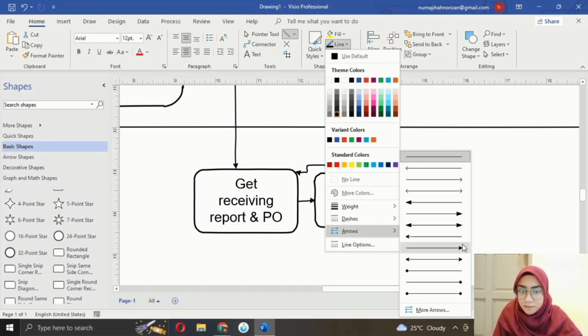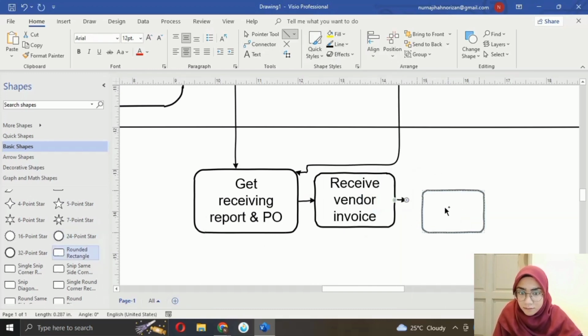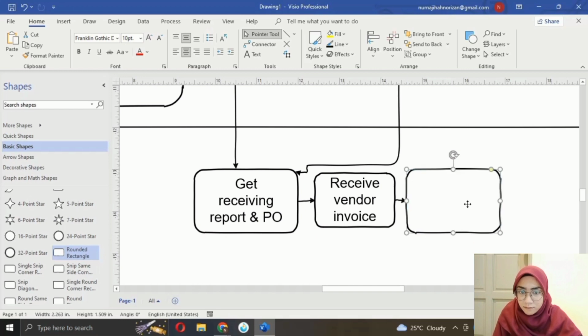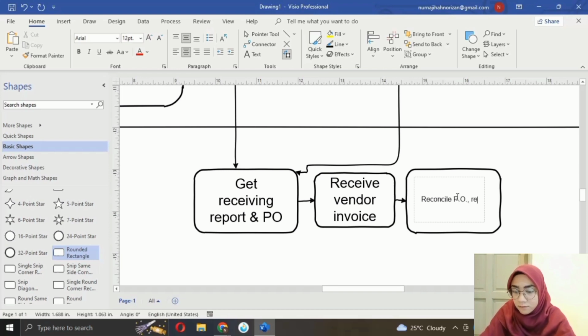Next, the process continues with another arrow and a rectangle, and the explanation about this rectangle is reconcile purchase order, receiving report, invoice.